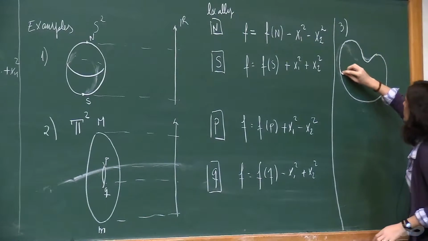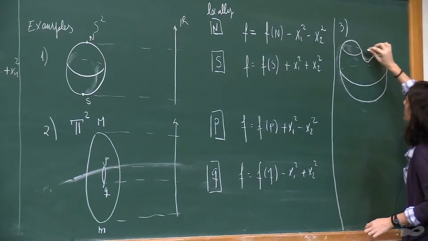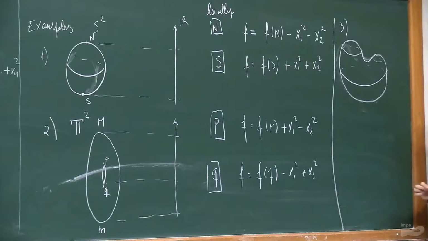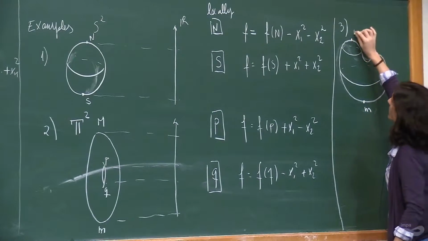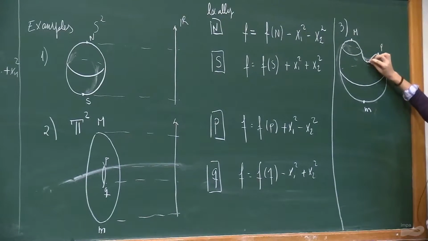I'm sure you can all see that this is the deformed sphere, smoothly deformed sphere. If I think of the height function on this sphere, it has 4 critical points: this minimum here, this absolute maximum here, and these 2 points here, let me call this one P and this one Q.